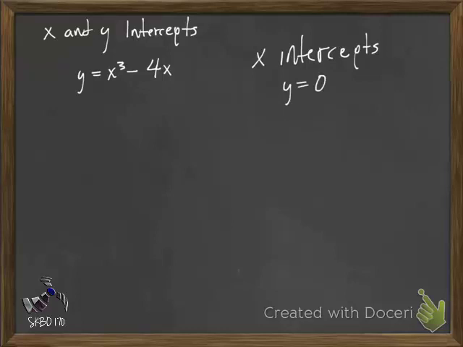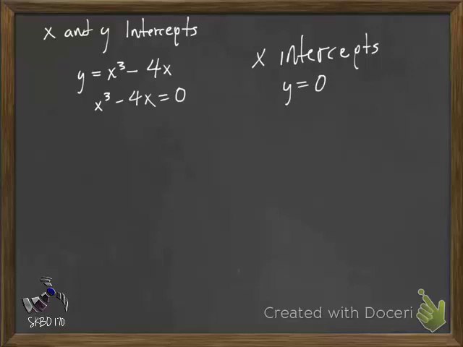So when you know that, you rewrite the equation: x cubed minus 4x. We already know we are looking for the x-intercepts, so this y I have here is the same 0 I have here.